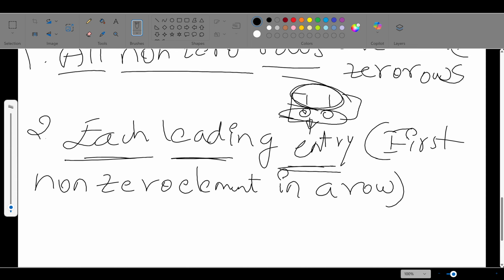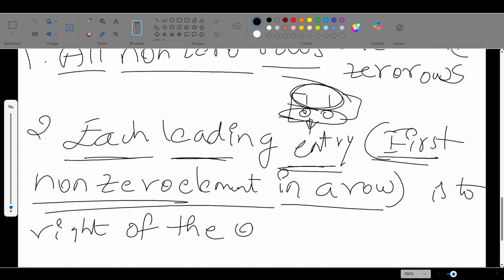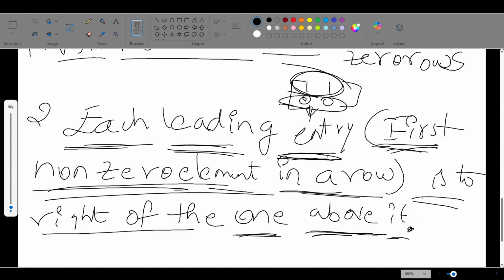Each leading entry is nothing but the first non-zero element in a row, and it is to the right of the one above it. I'll explain this.